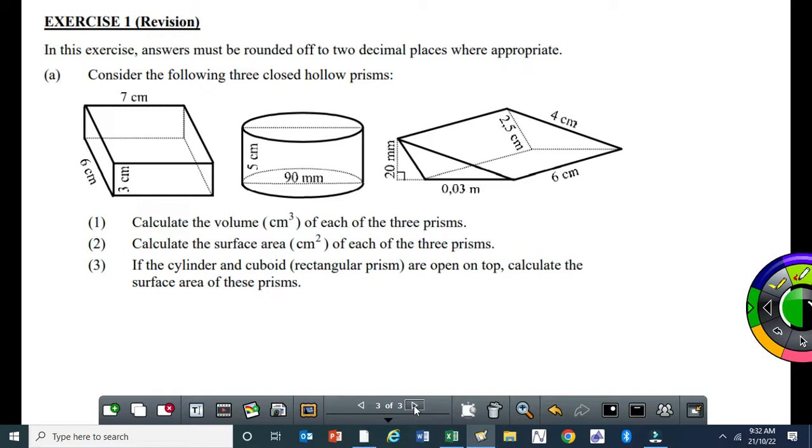For now we do number 1 and number 2. So we'll do that one and that one. We'll talk about the triangular prism later on. We don't give you a formula sheet, but for questions on measurement, we give you the formula.